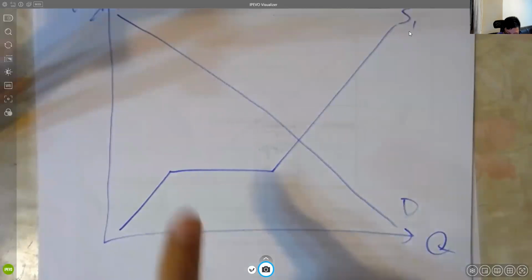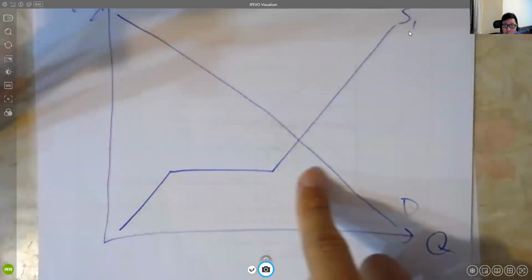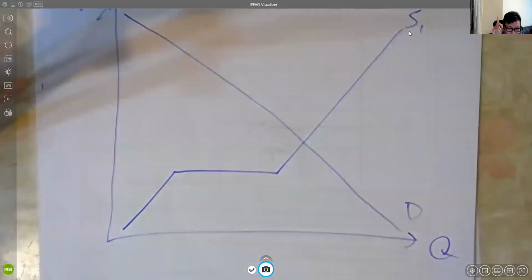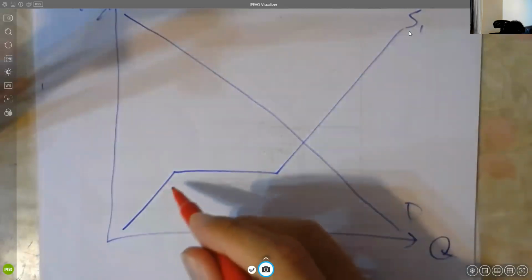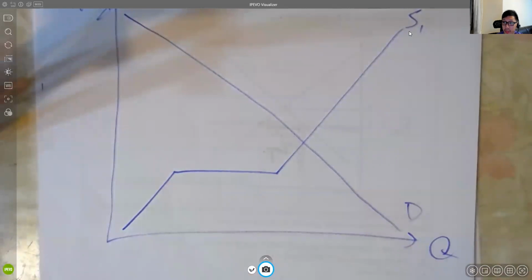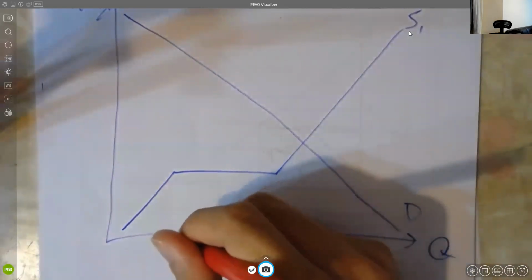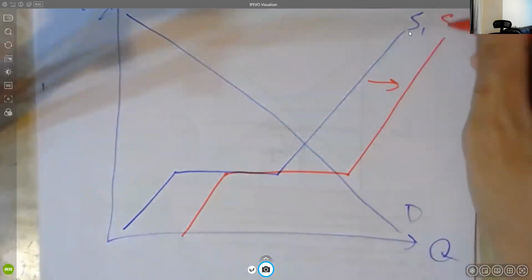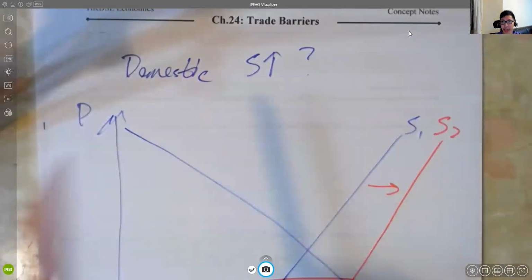You remember, if the quota increases, then only this part would extend. But if the local domestic supply increases, then this part would increase, and this part would also increase. So the whole curve would shift if this is a domestic supply increase.